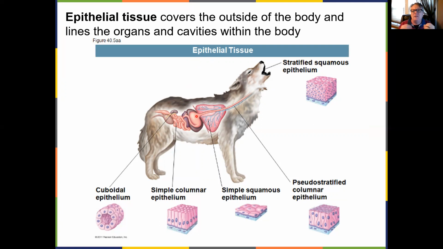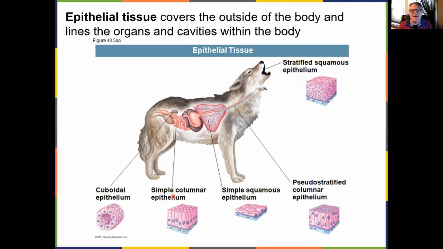They're also functionally associated with specific organs based on their form, based on their function, and the laws of physics and what we're trying to do with that organ. We're going to go through each of these individually, but we can see here we have what's called stratified squamous epithelium, pseudostratified columnar, simple squamous epithelium, simple columnar epithelium, and cuboidal.